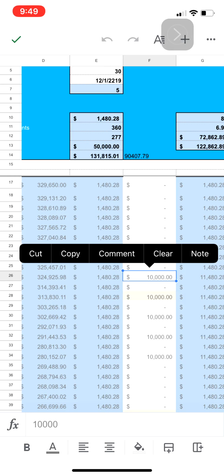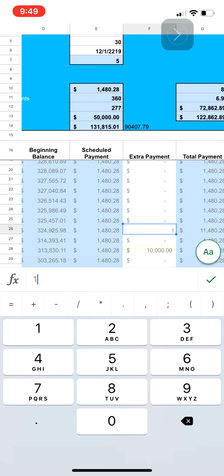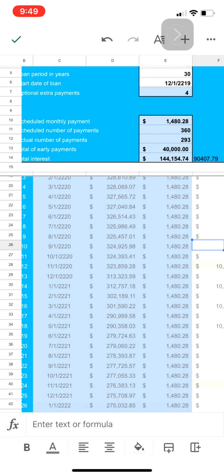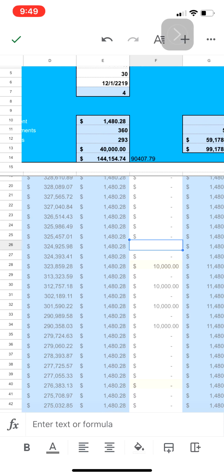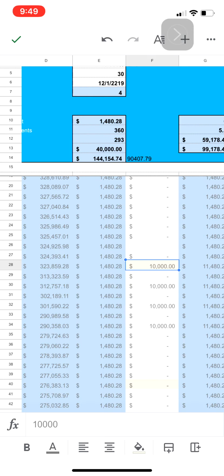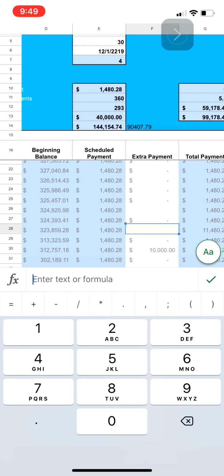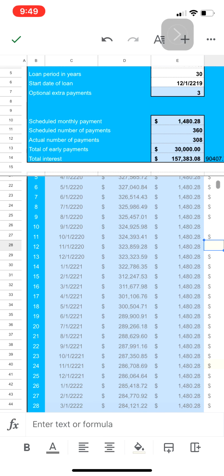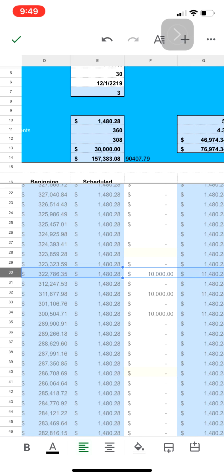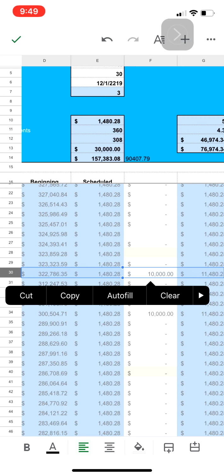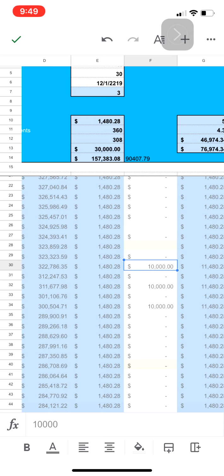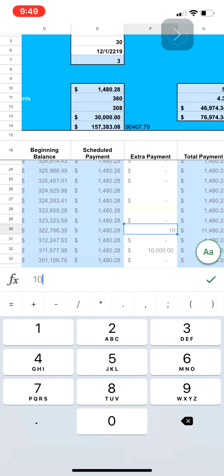So let me delete this 10,000 out. January 2021 is 14. So I hope that I could put 15,000.